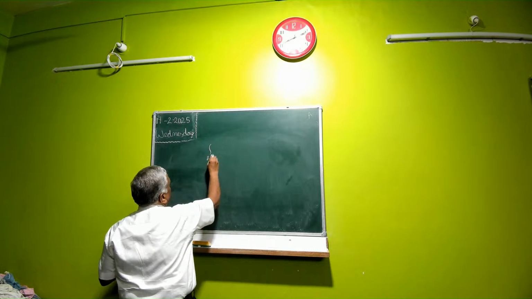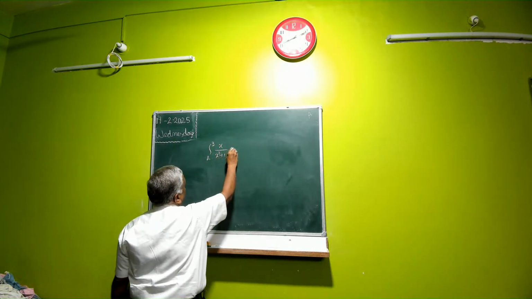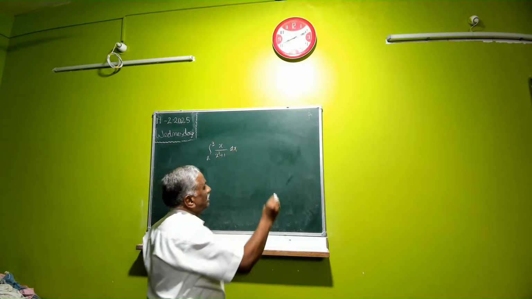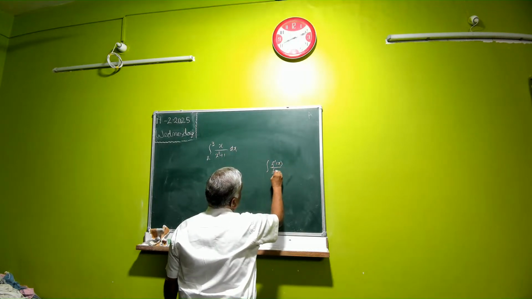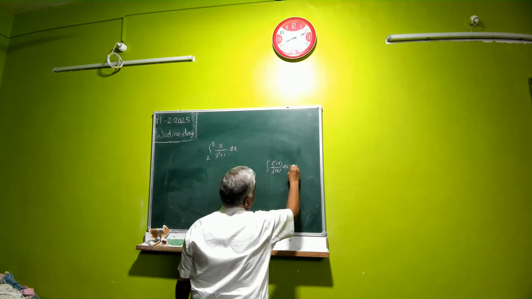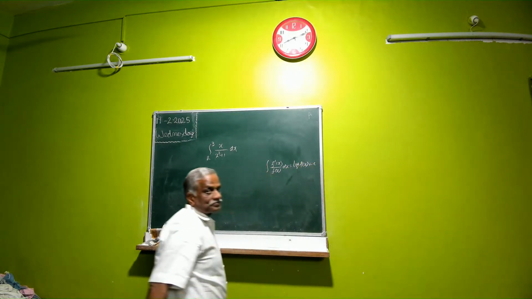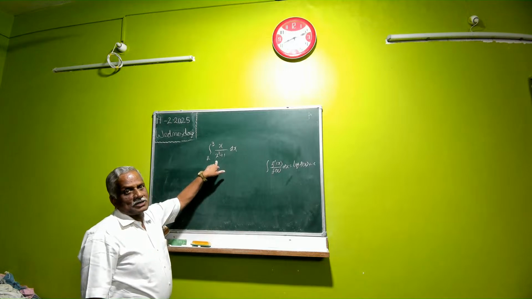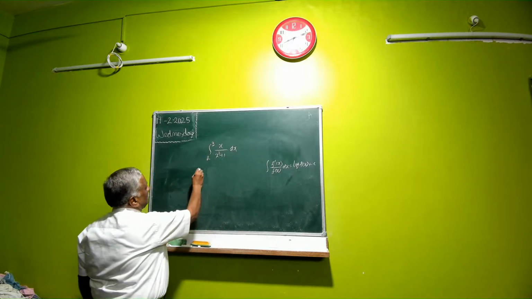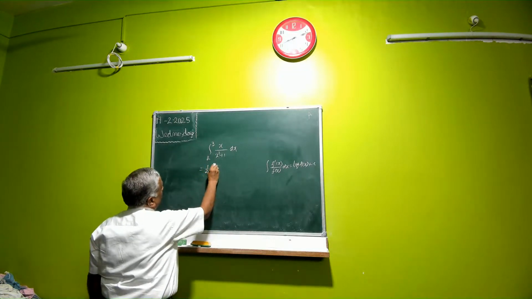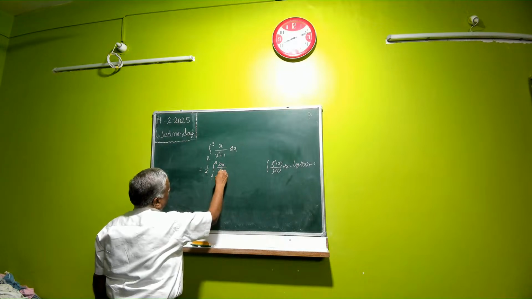I think you remember, or you can recollect, I have given you a formula: integral of f dash of x over f of x is equal to log of f of x. If you differentiate x squared plus 1, you get 2x, but we have only x. So we can do some adjustment. This is half of the integral of 2x over x squared plus 1 dx.